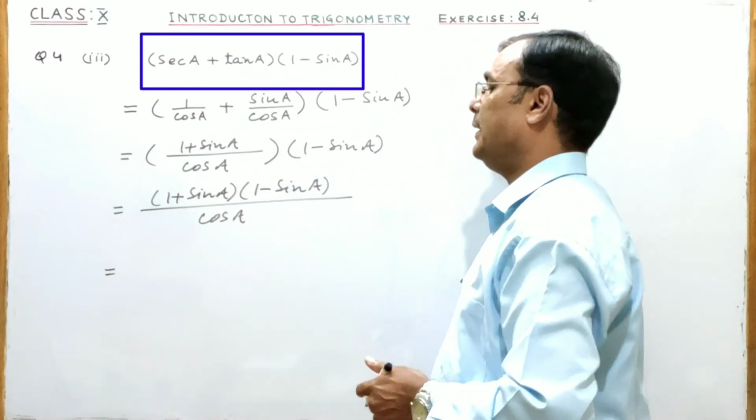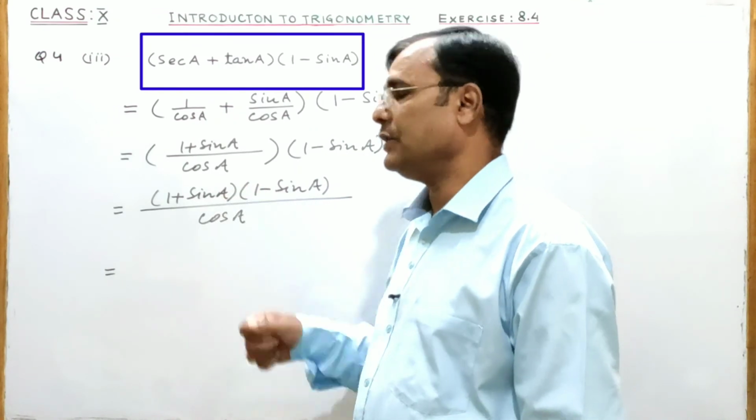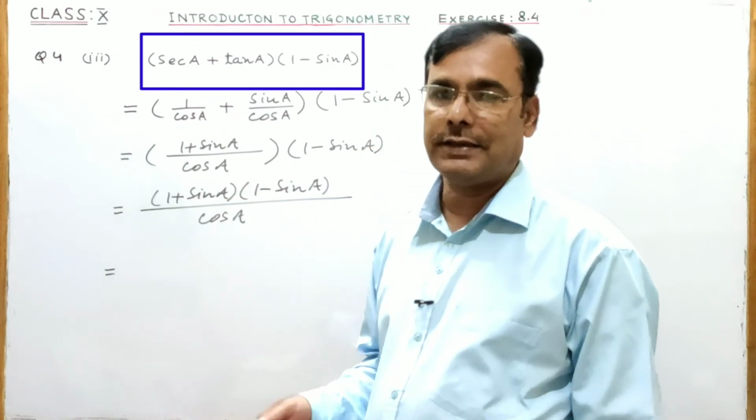Here let us apply A plus B into A minus B formula, which is equal to A square minus B square.